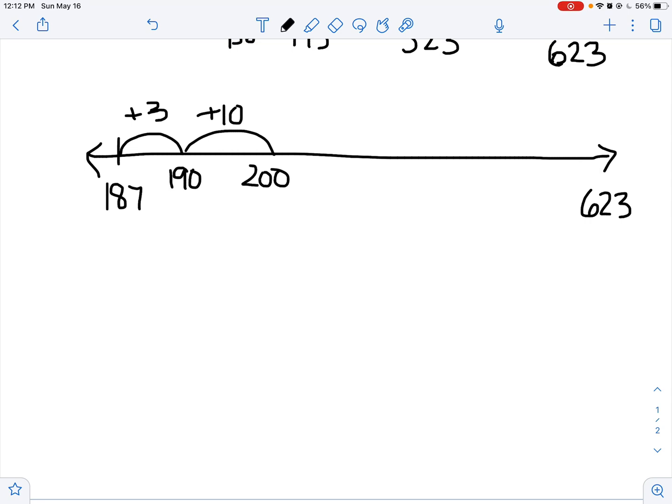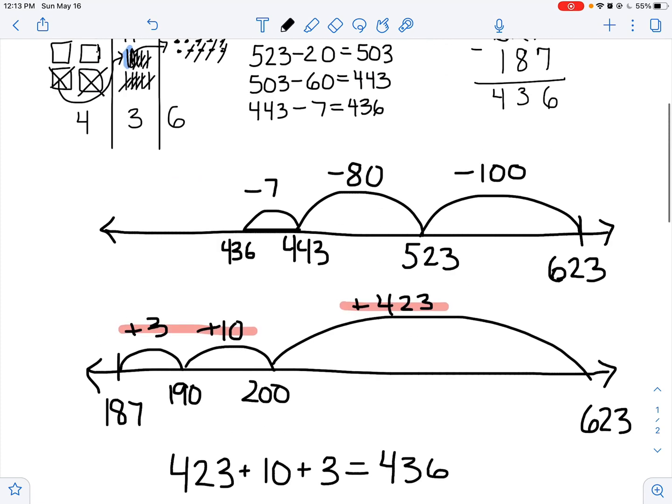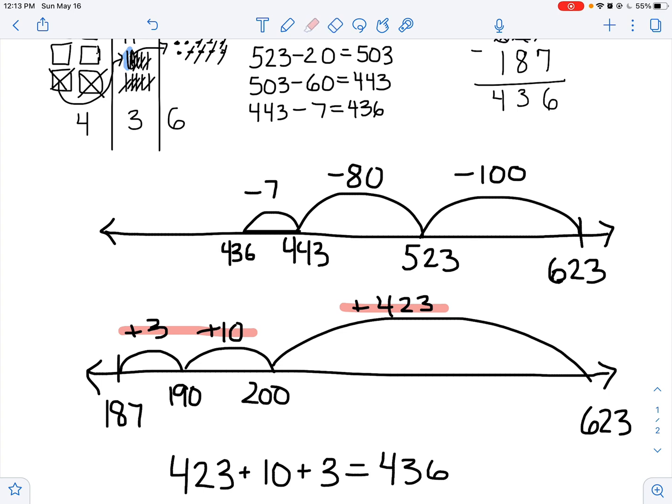And now I know I can just add 423 because I know that's what needs to be added to 200 to get to 623. My answer will then be across the top. So I'd have to do 423 plus 10 plus 3, and that gives me 436, which is still the same answer that I got all the way across the board.